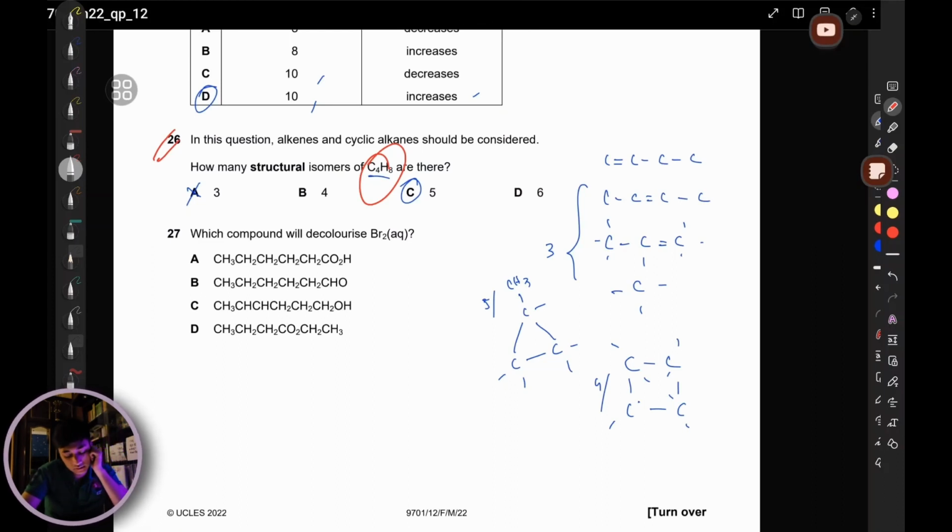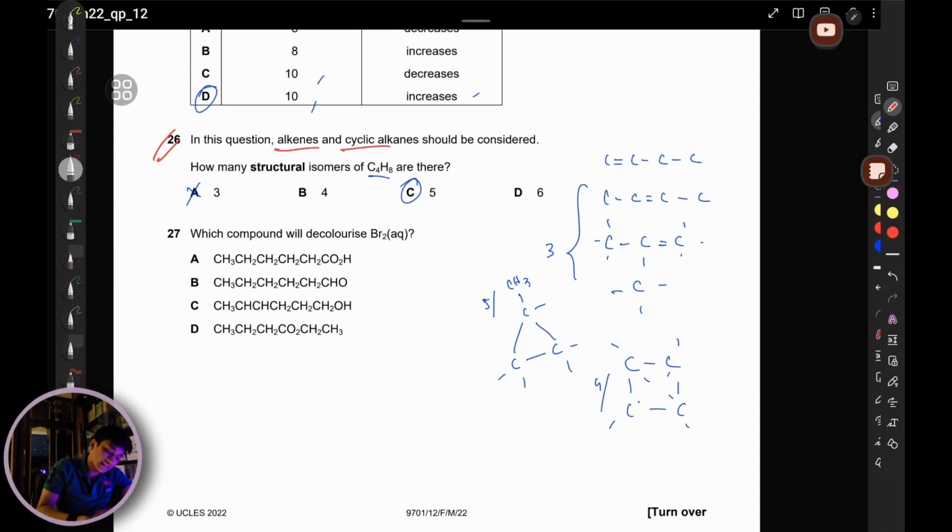Now, how do you deal with these types of questions? First of all, let's start off with the molecules, or I mean the structural formulas, with no branch, right? Without any sort of branch. In this question, alkenes and cyclic alkenes.